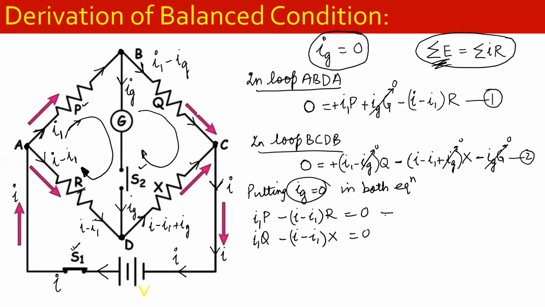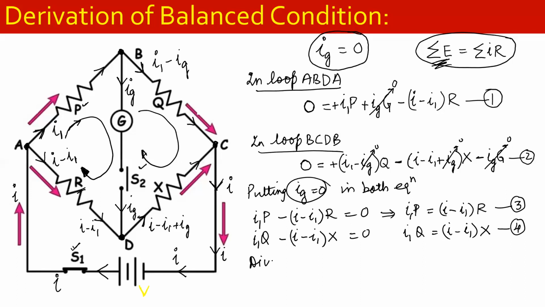We can write this equation in this manner also: I1P is equal to (I minus I1) into R, and I1Q is equal to (I minus I1) into X. So this is equation number 3, and this is equation number 4.